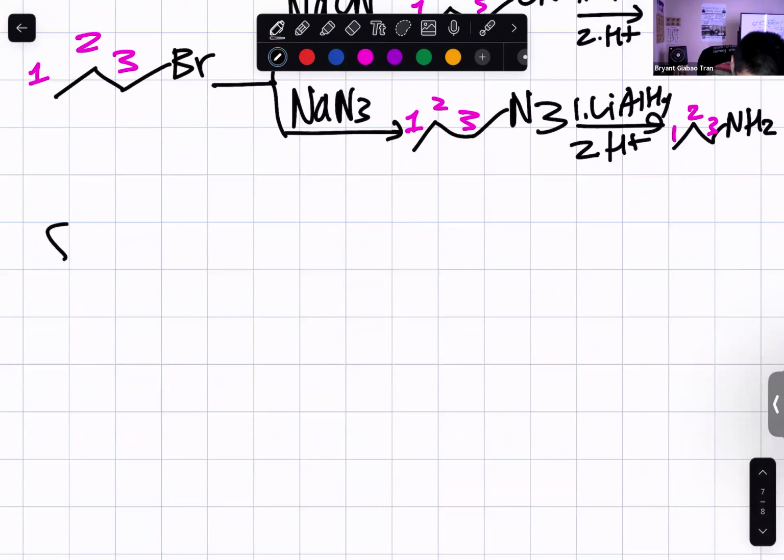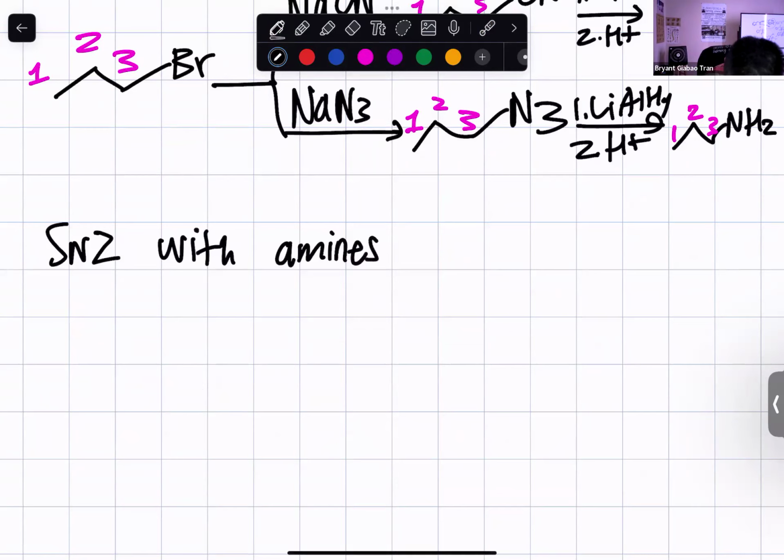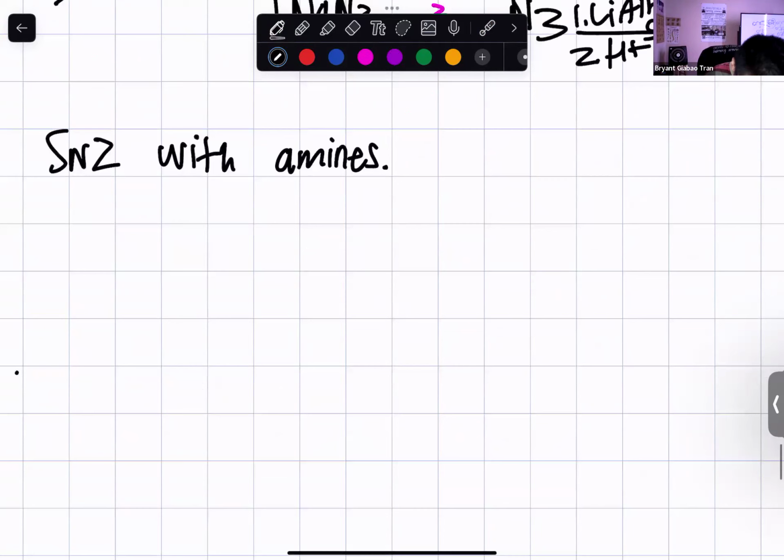The other way is going to be SN2 with amines, right? Let's say we have this haloalkane and we want to create a primary amine by adding, let's say, ammonia, NH3.